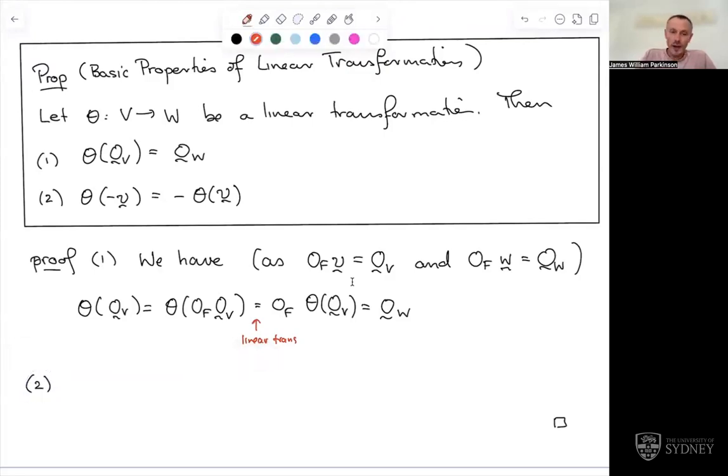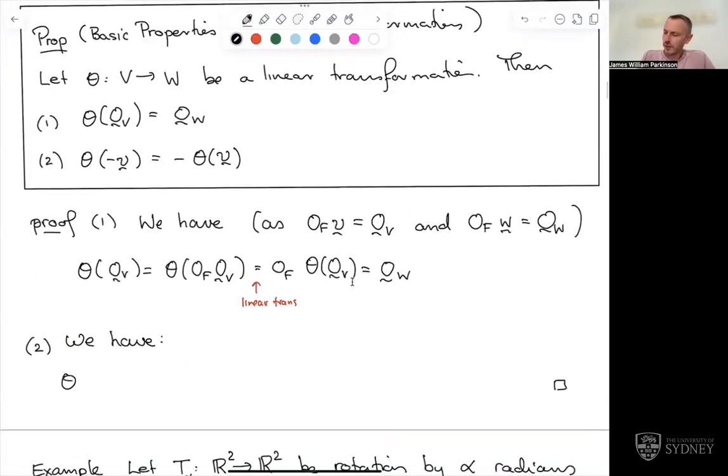Okay, for 2, we have theta of minus V is theta of minus 1 times V. That's something we proved at some stage in lecture 2, when we introduced vector spaces.